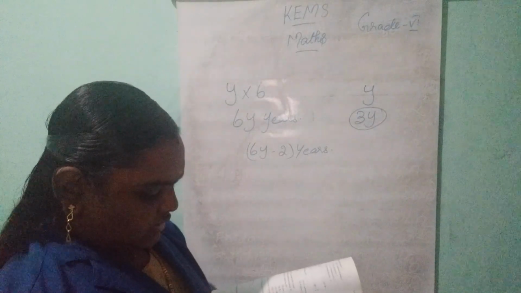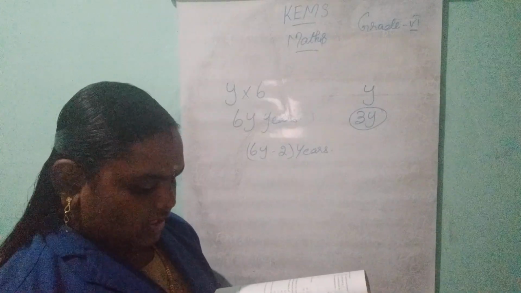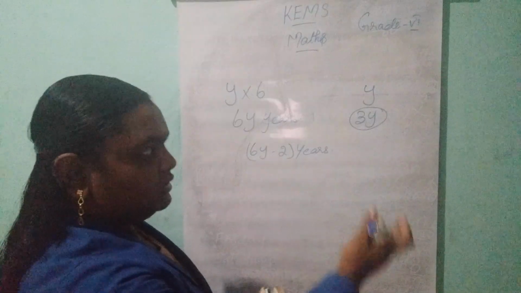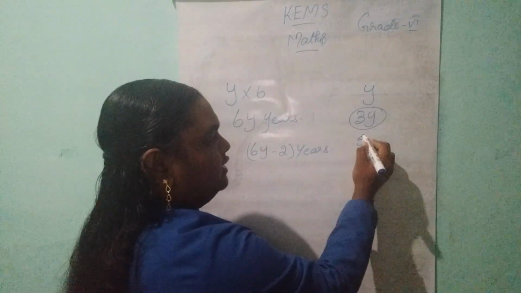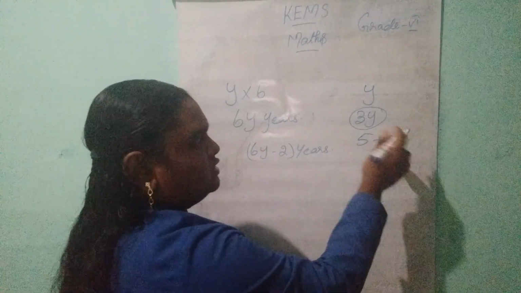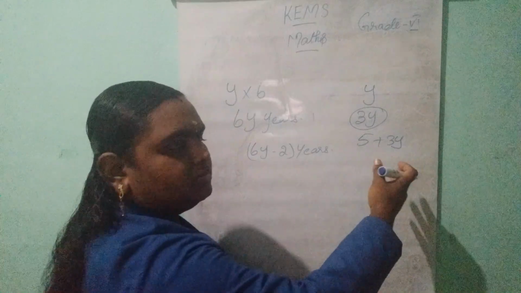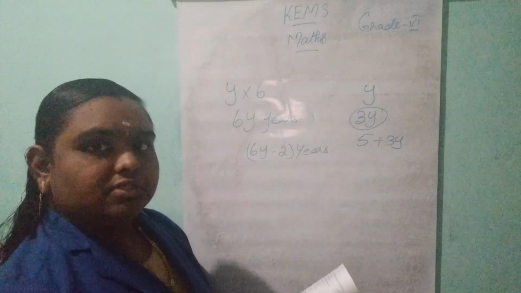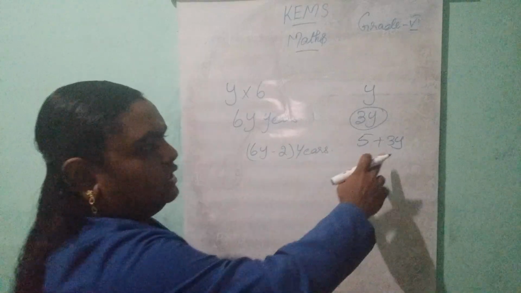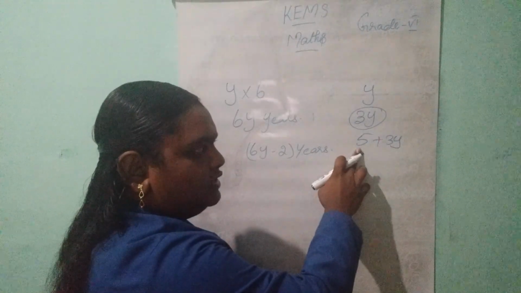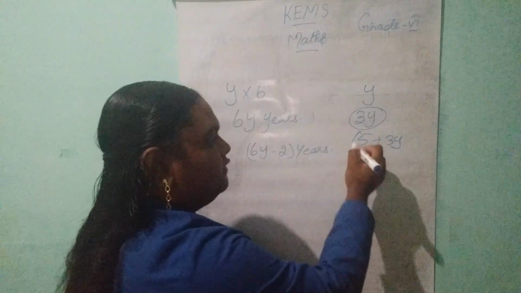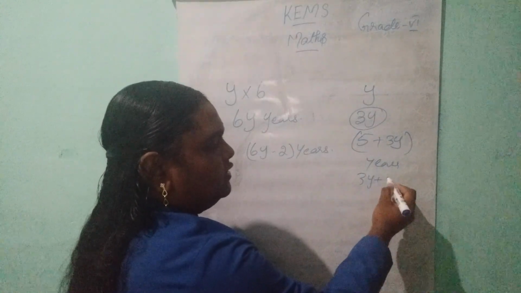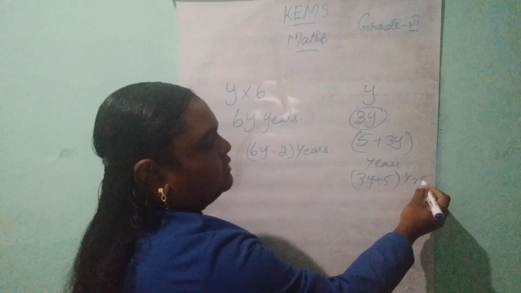Then 5 years more than that, so we have to add 5 and 3Y. So it is 5 plus 3Y years, or otherwise 3Y plus 5 years.